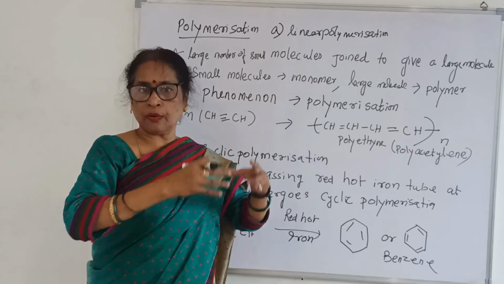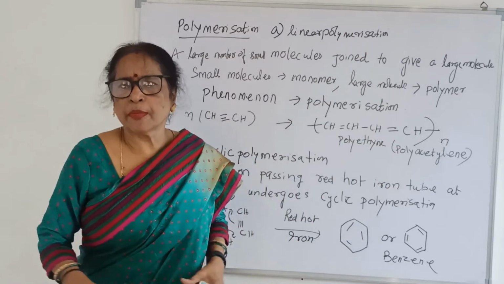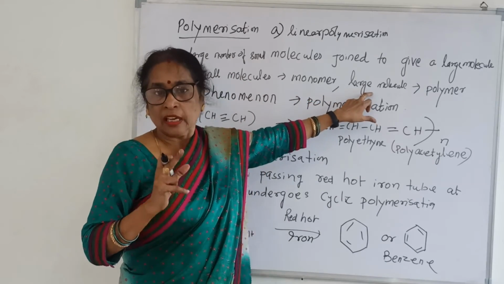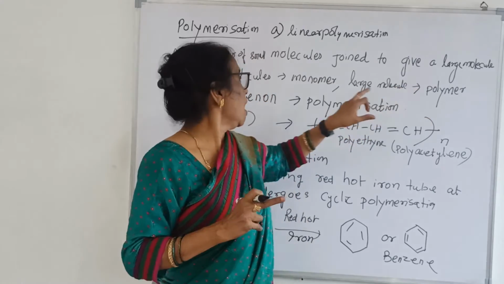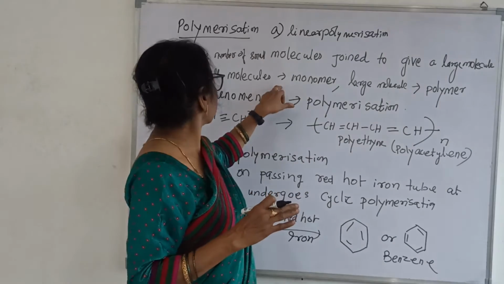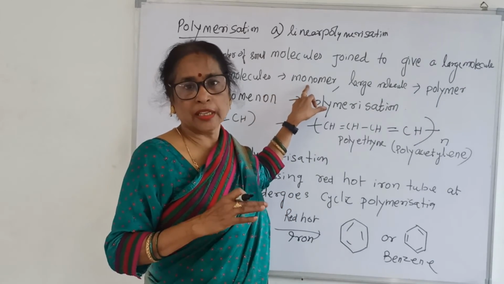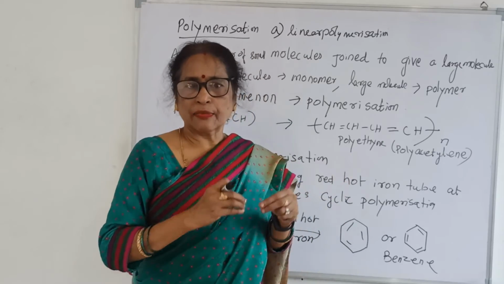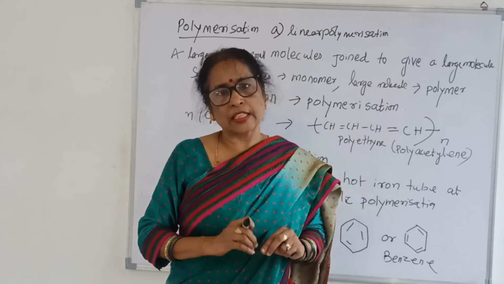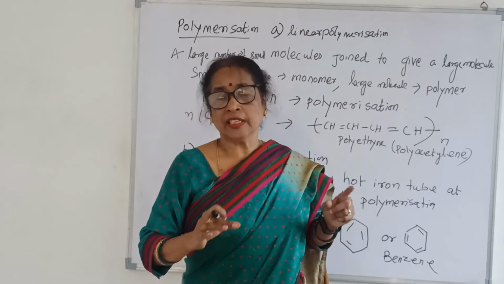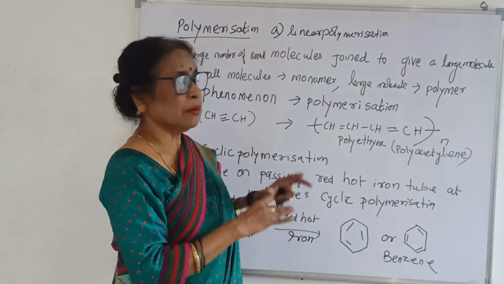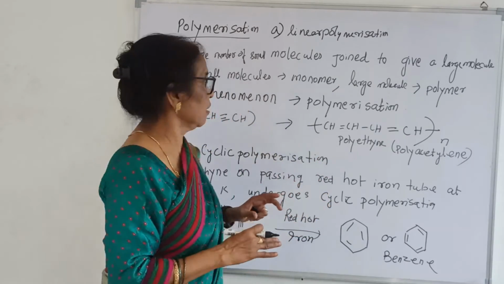When thousands of flowers join to give one large garland, that is called a large molecule, a polymer, and the small molecule, a single flower, is called a monomer. Are you clear? The garland is known as polymer, and the process, the phenomenon, is called polymerization. Polymer, monomer, polymerization, that will be clear in 12th class.